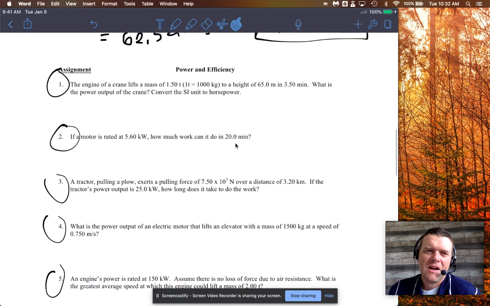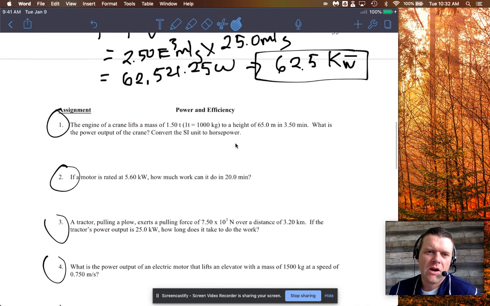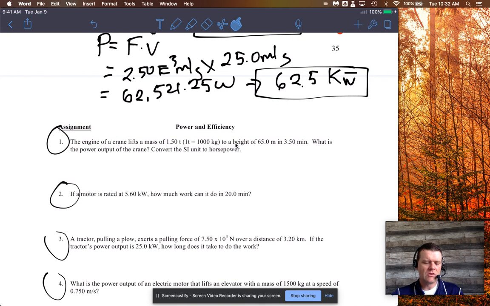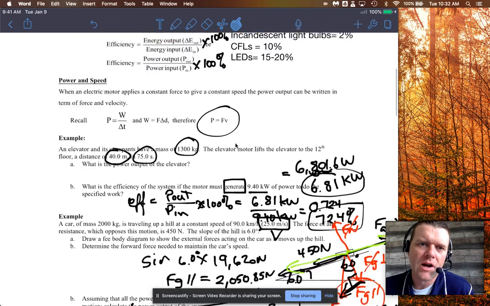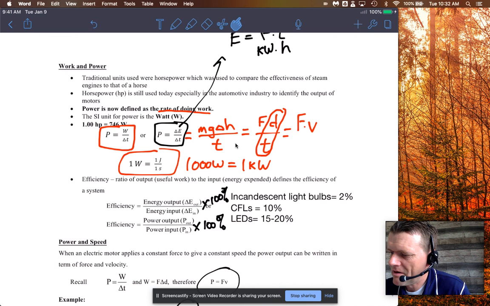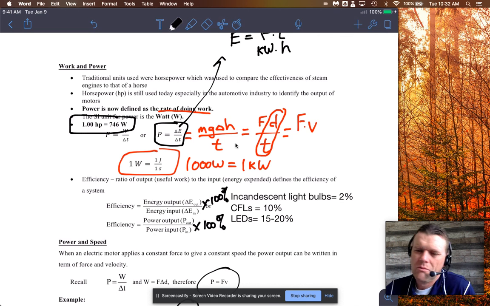Oh, yes. I skipped over that. Question 1 says, what's the power output of the crane? And then it says convert the SI unit, the System International, or just the metric, right? Converting watts, convert it to horsepower. Well, I forgot to mention that up here. A horsepower is 746 watts. That kind of became the standard metric conversion. And we still use horsepower.